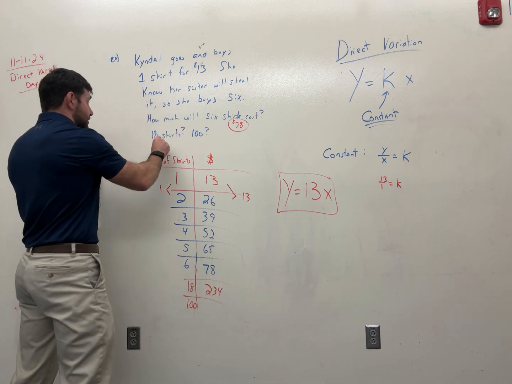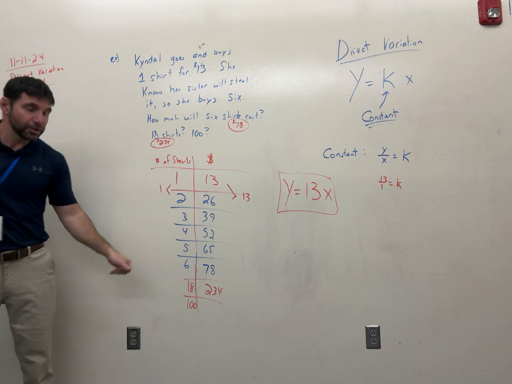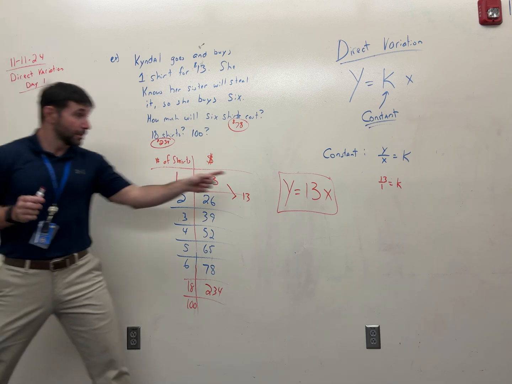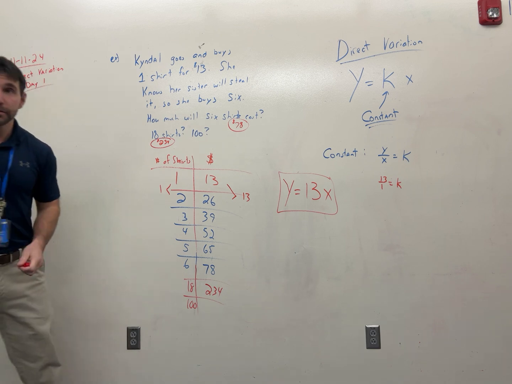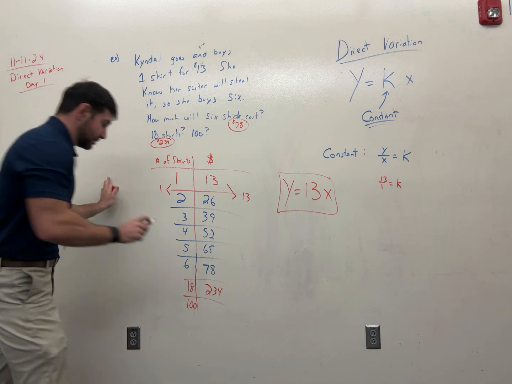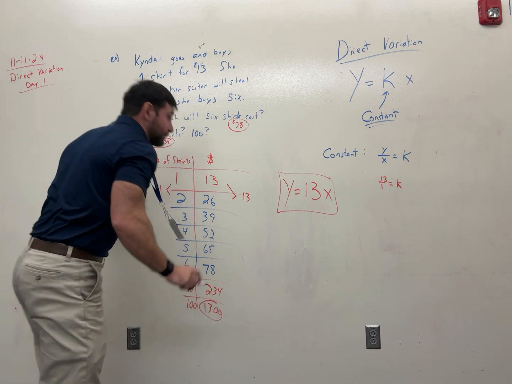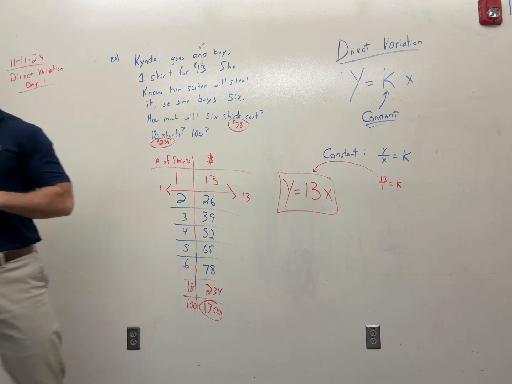So 18 shirts is $234. What do I do with 100? Multiply it by 13. Yeah, because we have the constant. It doesn't change. The constant doesn't change. So what do I get? 1,200. There it is. The hardest part is finding the constant and then substituting it in. That's it.